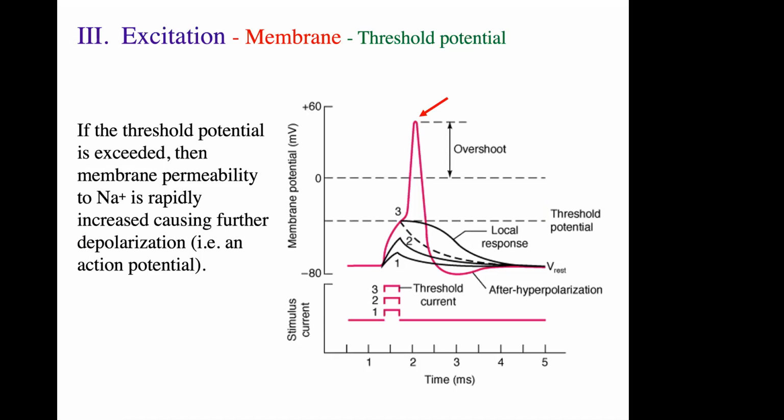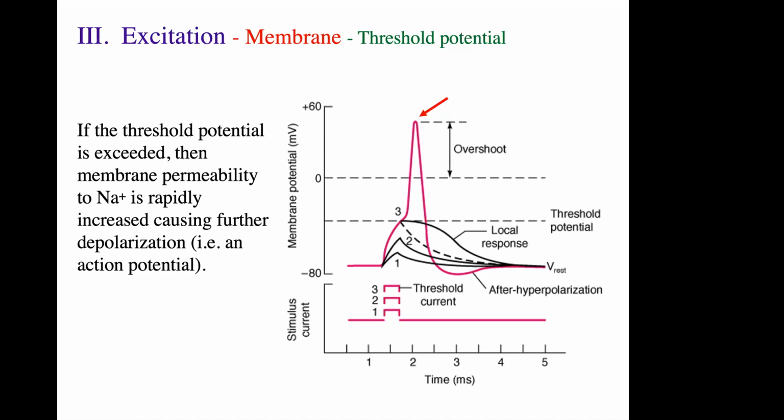And the action potential occurs because the membrane dramatically increases its permeability to sodium. So, you've got the sodium-potassium pump that's created this mega sodium gradient. All kinds of sodium on the outside, not very much on the inside. When the membrane potential passes that threshold, then the membrane just becomes incredibly permeable to sodium.